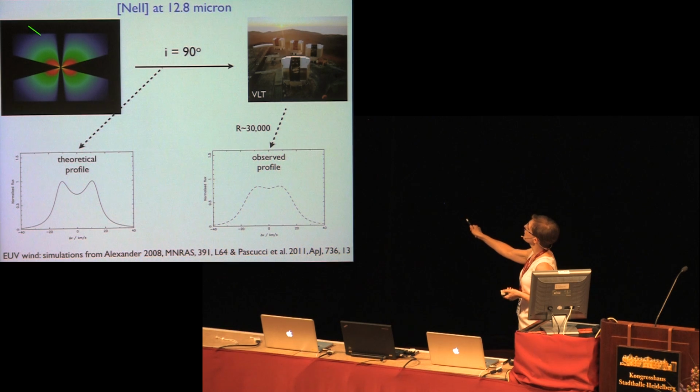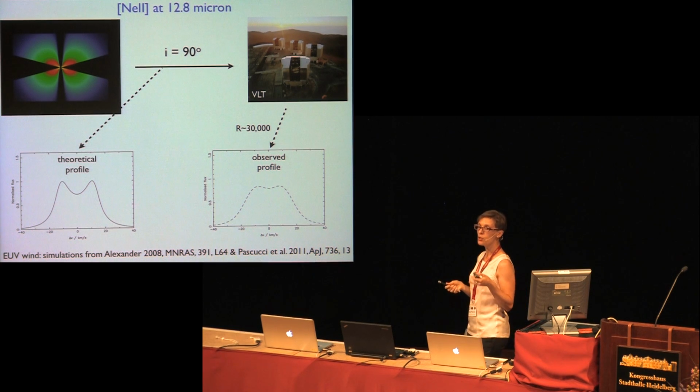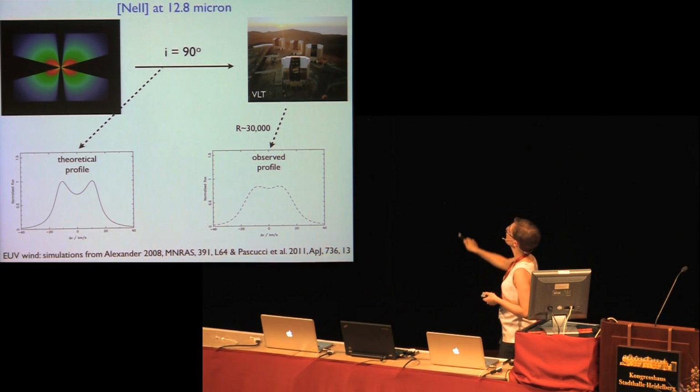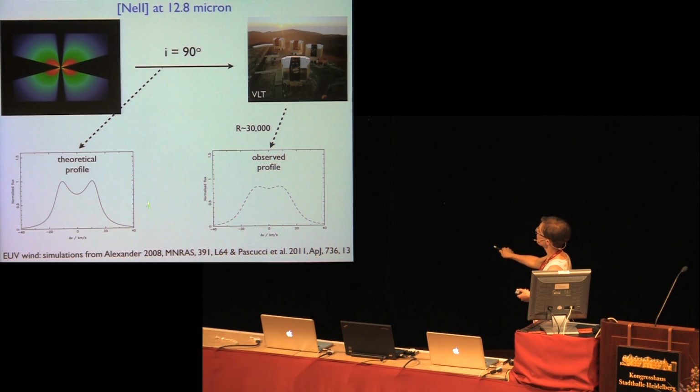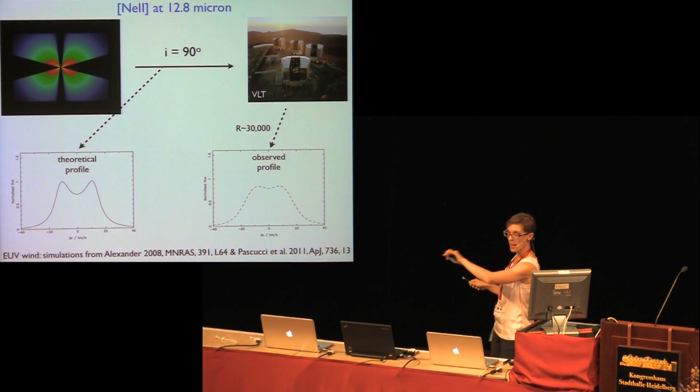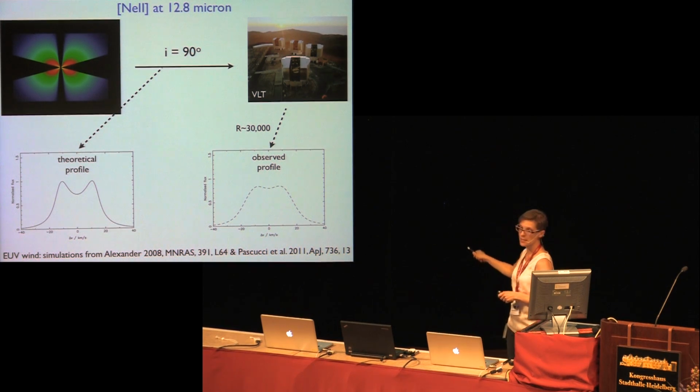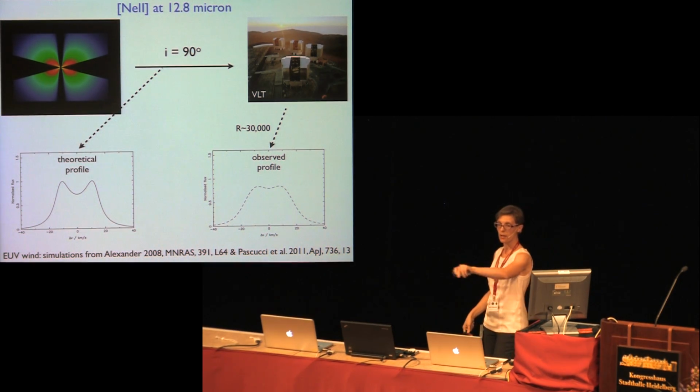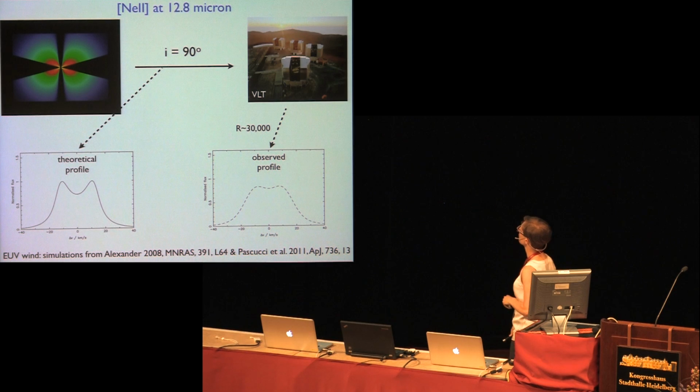What you see on this panel is the expected emission, in this specific case for the EUV-only model. So the emission is up here. Here is the disk midplane. Now, this is the profile that you would expect if you see the disk edge on, and you can recognize that this is a Keplerian profile, so mainly bound gas in this configuration.